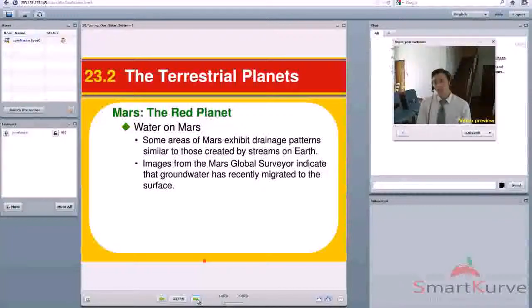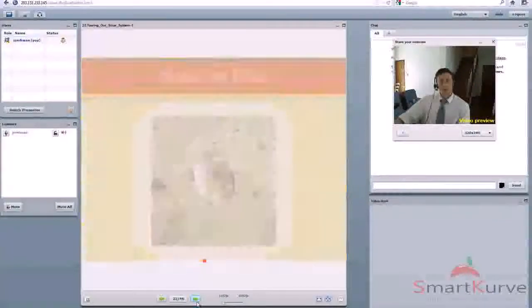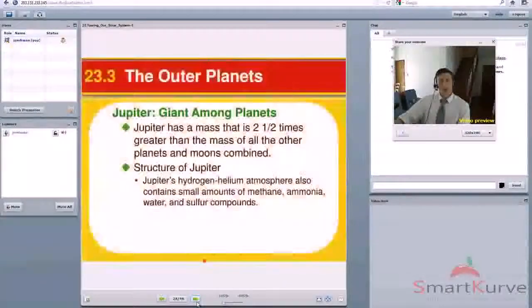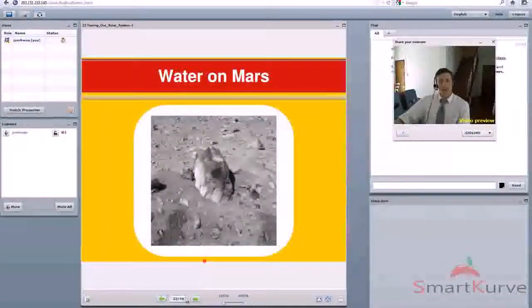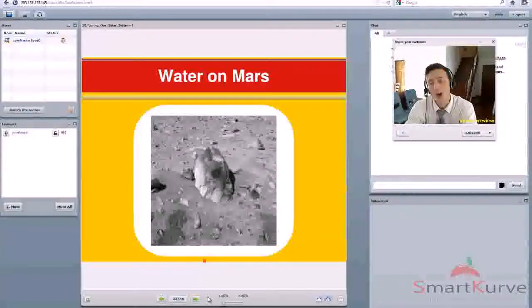The structure of Jupiter. Jupiter's hydrogen-helium atmosphere also contains small amounts of methane, ammonia, water, and sulfur compounds. But as I mentioned earlier in the lesson, all of that, the methane, the ammonia, the water, the sulfur, and some scientists believe phosphorus as well, is about 1%. 99% of Jupiter is hydrogen and helium.